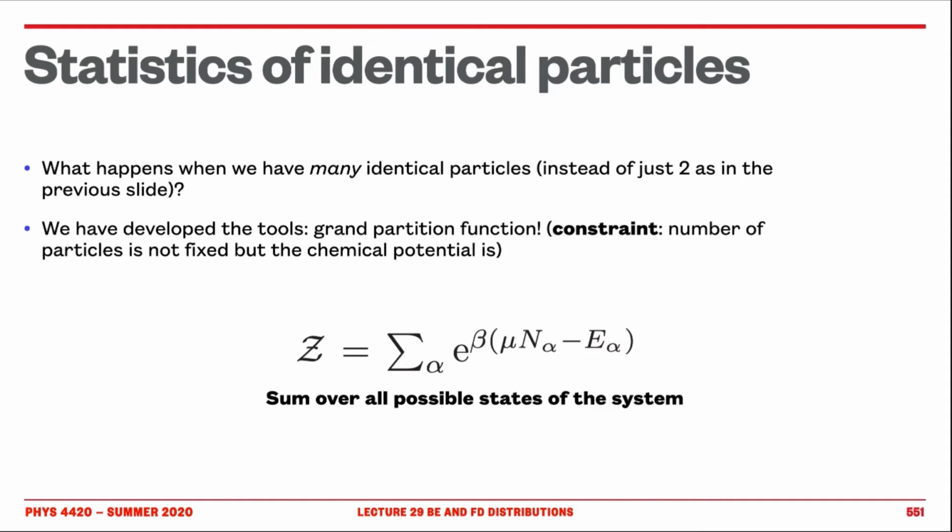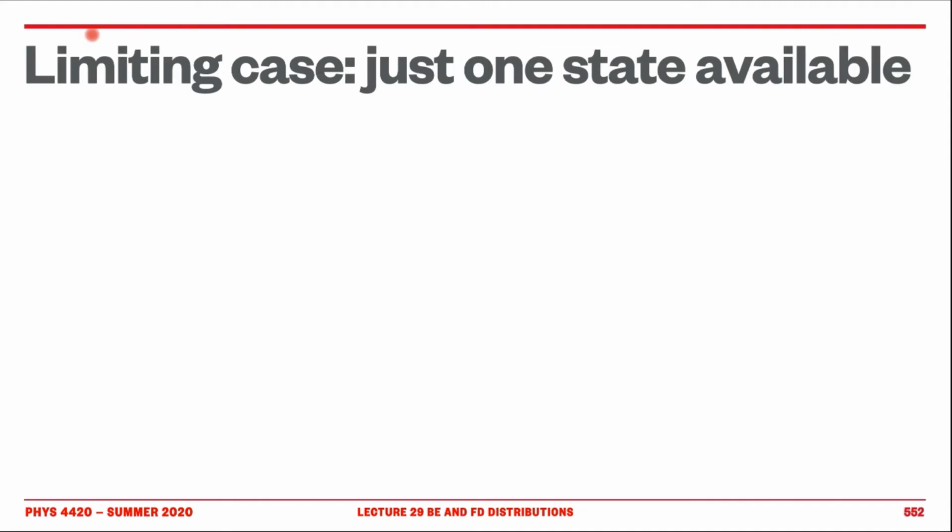Now we can build that partition function by summing over all the possible states of the system, including the different occupation of the states, different numbers of particles in the system. It's also variable because it's a grand partition function. So let's study a little bit more how we're going to calculate this partition function for these systems of bosons and fermions. This is what we are going to do for the rest of the screencast.